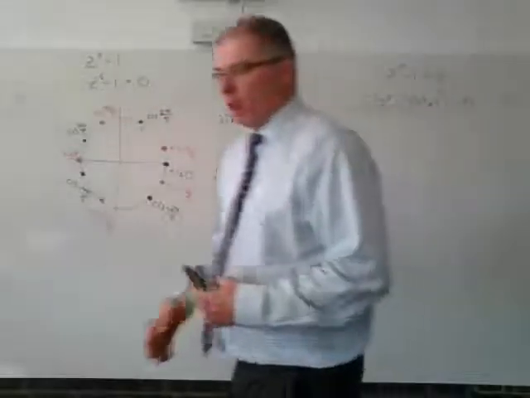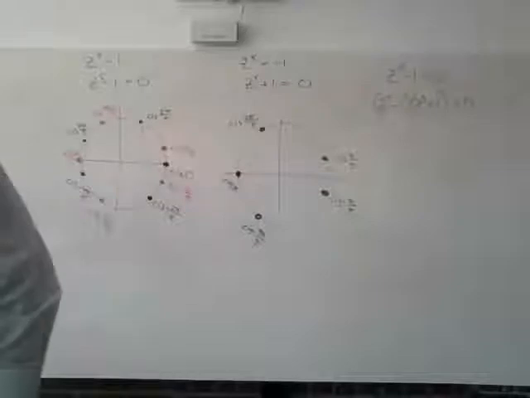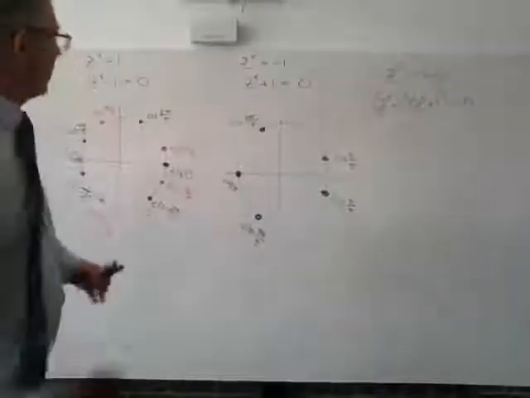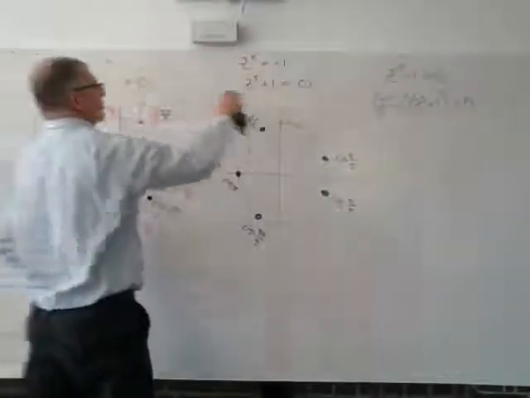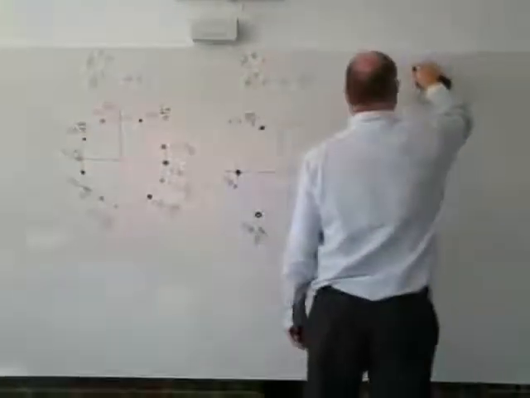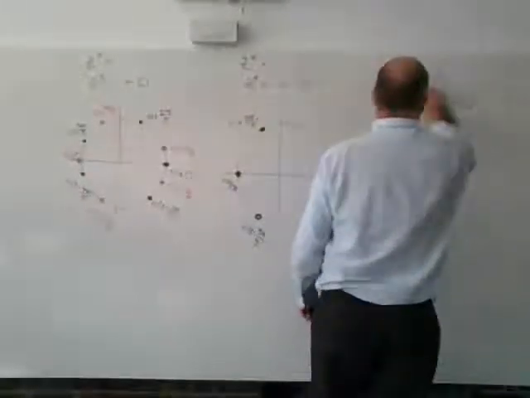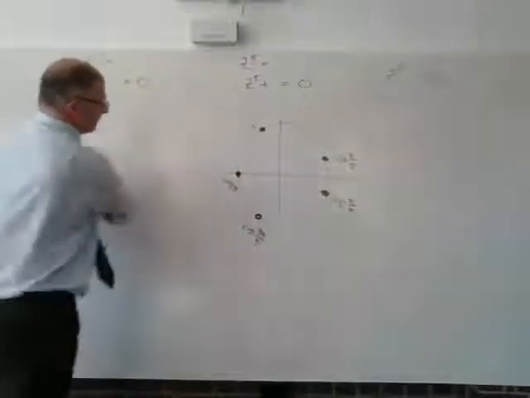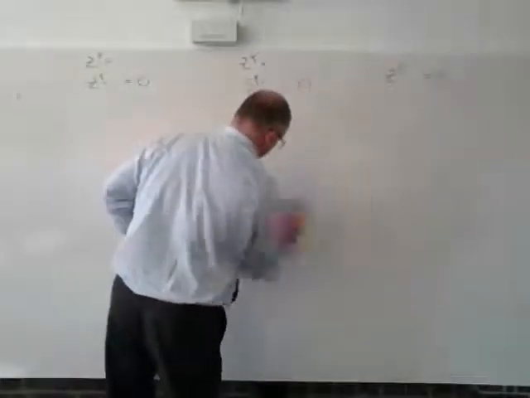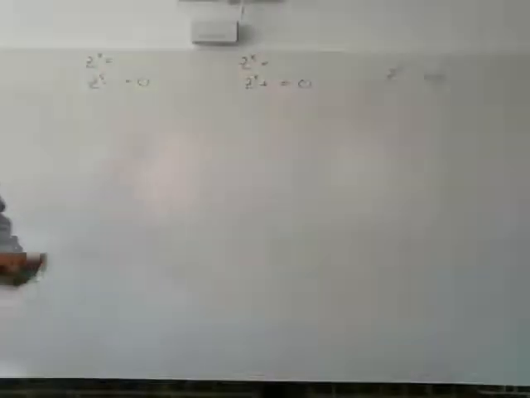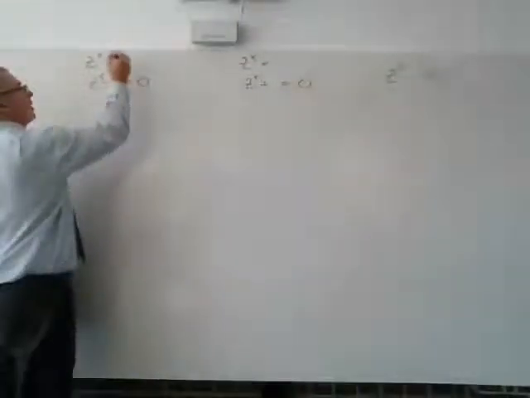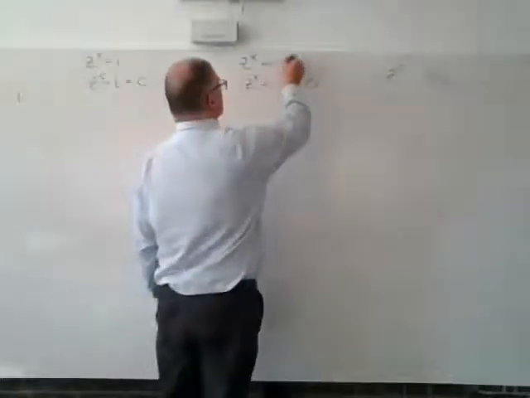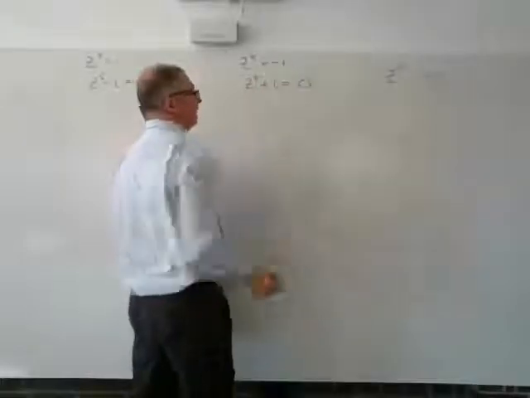We could go on to draw the roots of z to the 5 equals i and minus i. So let's just have a look here. So z to the 5 equals i, or z to the 5 minus i equals 0, and z to the 5 equals minus i, or z to the 5 plus i equals 0.